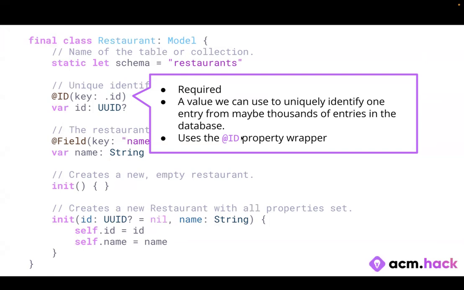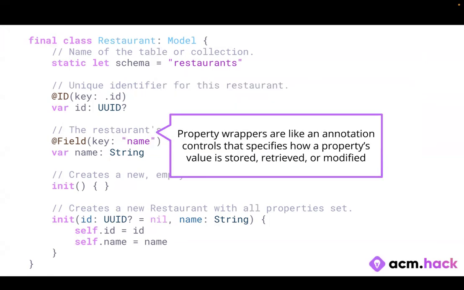So the @ID property wrapper, what a property wrapper is, it's like an annotation that specifies how a property's value is stored, retrieved, or modified. For example, the @ID property wrapper basically means that this is unique. I'm telling you it is unique. It can't be duplicate. This is the rule. This is the annotation, the suggestion that I am giving you as the programmer.